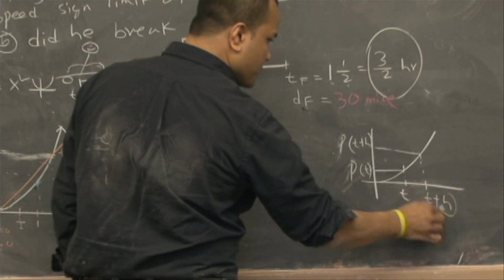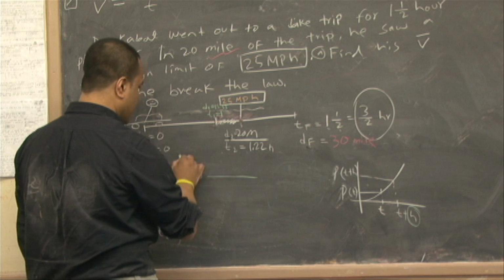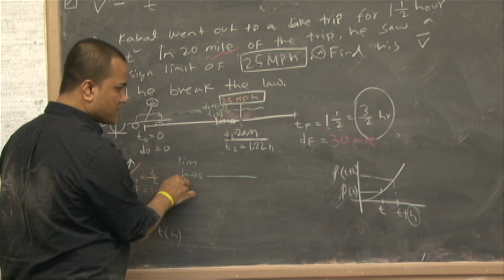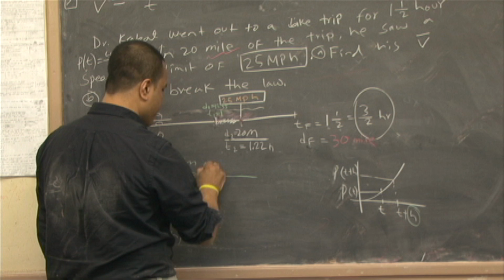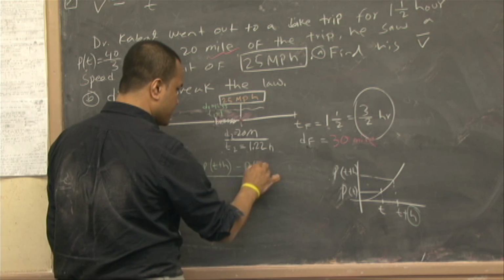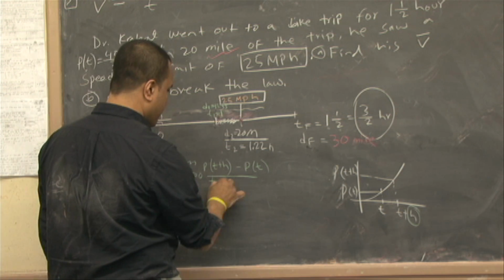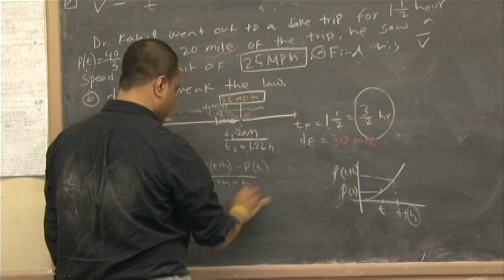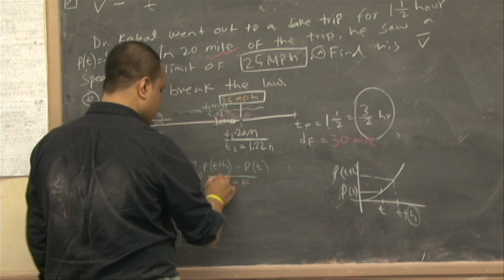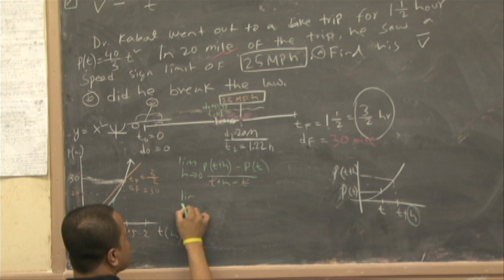If h approaches 0, then the limit of p of t plus h minus p of t, over t plus h minus t. The t's cancel. Now we have the limit as h approaches 0.